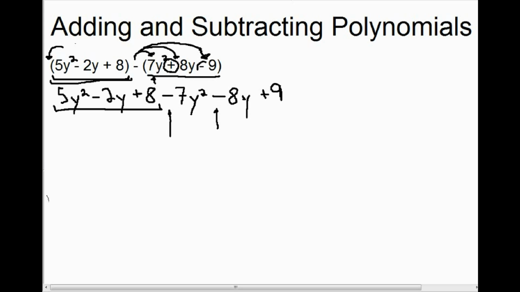We had minus 9 before, and now we have plus 9. And that's because when you first learn to subtract with integers, remember, you change subtraction to addition and change the sign of the second number. That's essentially what's happening here. But the bottom line is, when you get rid of the brackets in the second polynomial, everything changes to its opposite. The first polynomial, everything stays the same.